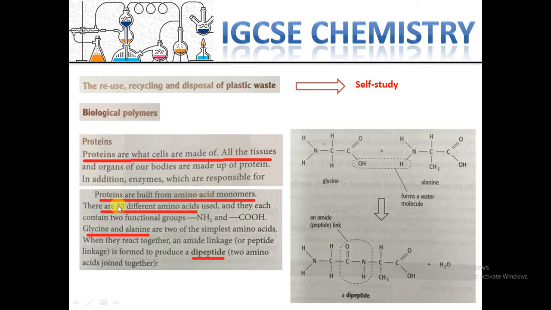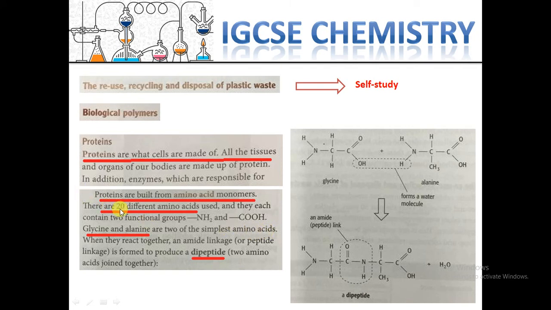And there are a total of 20 different amino acids used for constructing a protein, but the arrangement of these different 20 amino acids being used for making proteins is important, so they will produce a wide variety of protein. Glycine and alanine are two of the simplest amino acids.